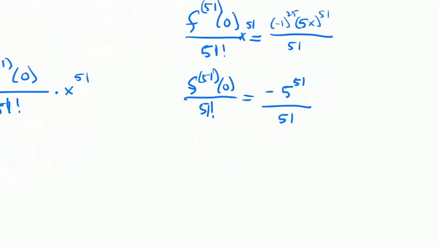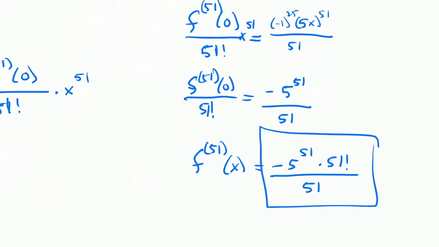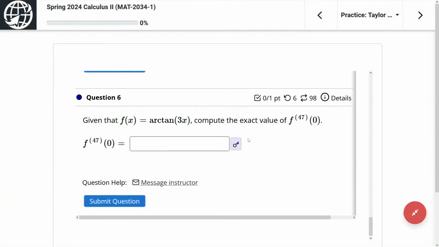Now I'm practically done. The last thing I'm going to do is this. F to the 51st derivative is going to be negative 5 to the 51st times 51 factorial over 51. There it is. Whew.